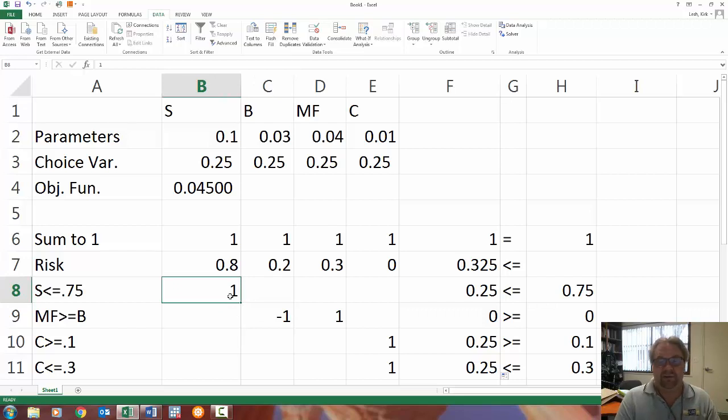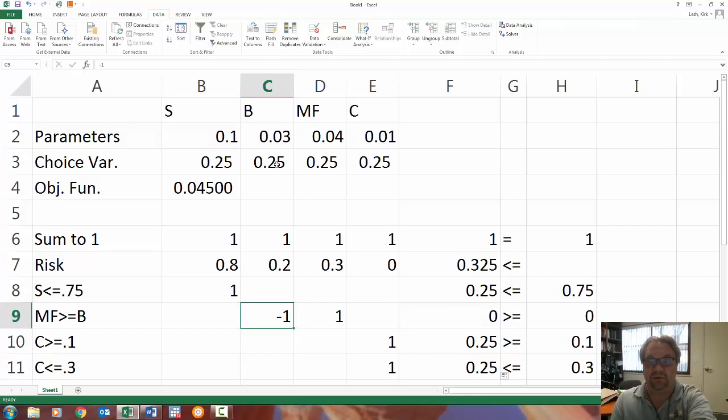So it says stocks have to be less than or equal to 75%. So 1 times the 0.25, that is the percent that I'm putting into stocks. The same thing with this one, right? -1 times 0.25 plus 1 times 0.25 is 0. Well, 0 is equal to 0, so that's fine.